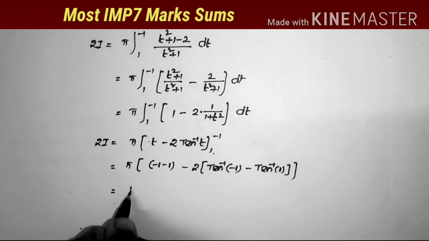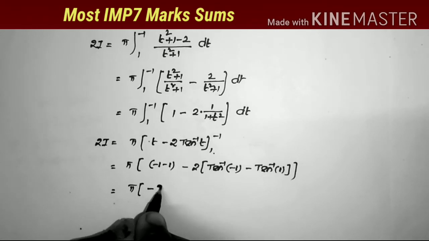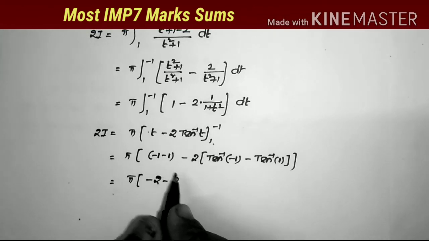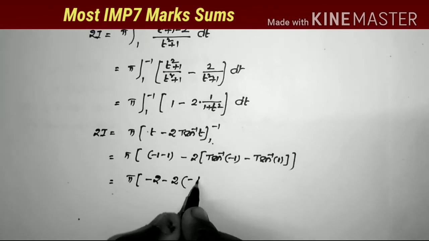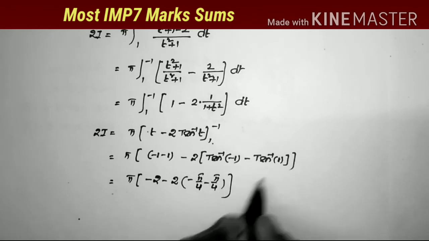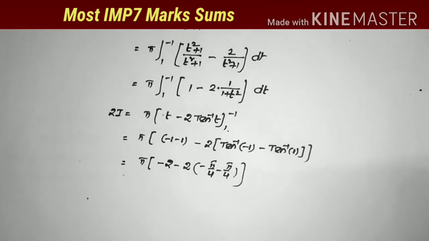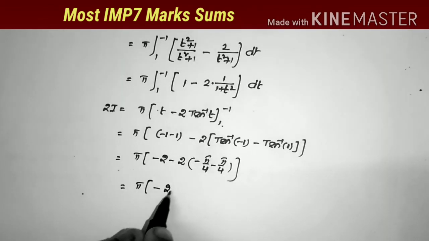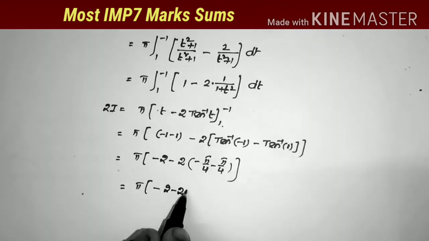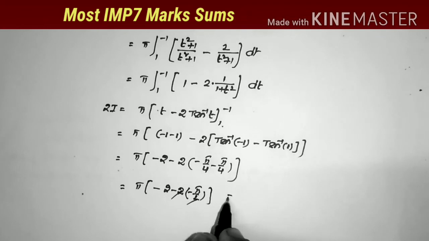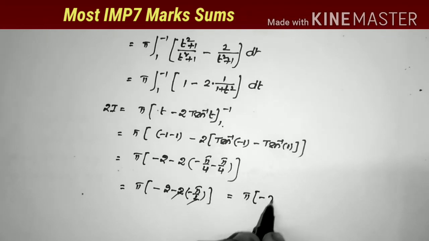So this is equal to pi into minus 2 minus of minus 2 into, tan inverse of minus 1 is equal to minus pi by 4, and tan inverse of 1 is equal to pi by 4. So this is equal to pi into minus 2 into minus pi by 2. And this is equal to pi into minus 2 minus of minus plus pi.